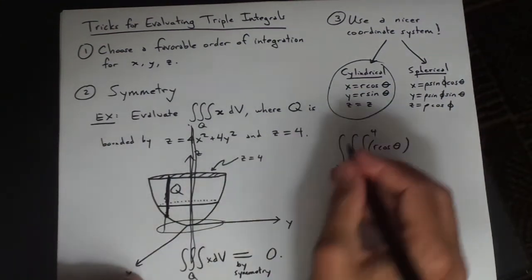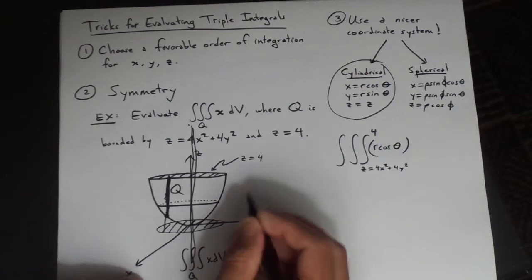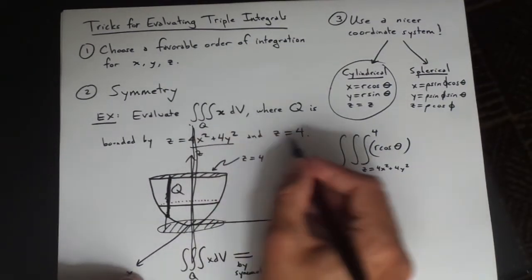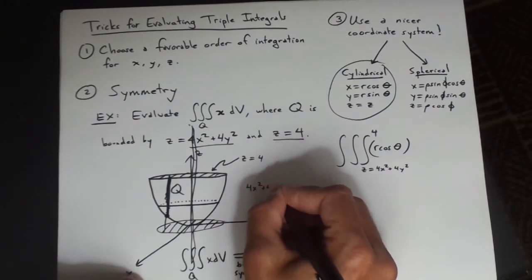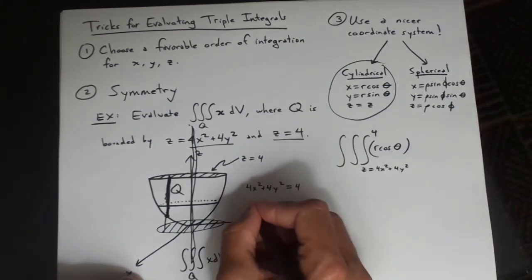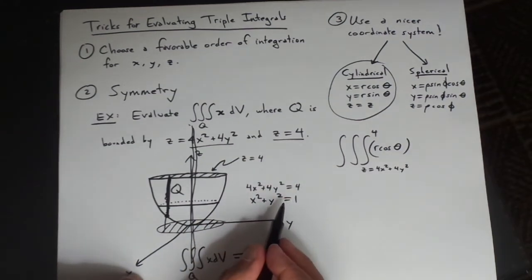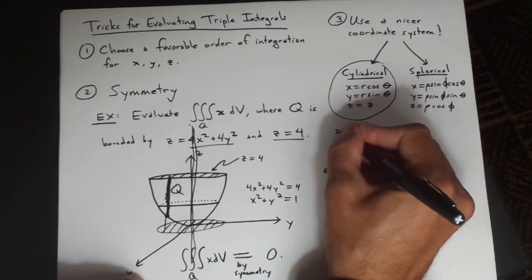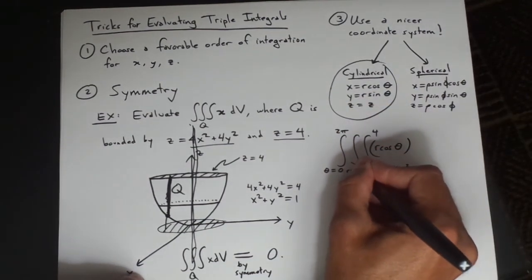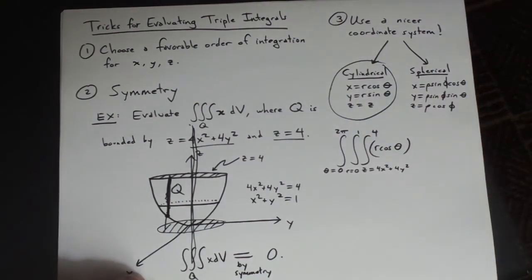Okay? But then the xy region of integration is just this circle. And notice that if you set these two equations equal to each other, so if you set 4x squared plus 4y squared equal to 4, well, that just becomes a circle of radius 1. If you integrate a full circle of radius 1, theta will go from 0 to 2 pi, and r will go from 0 to 1.